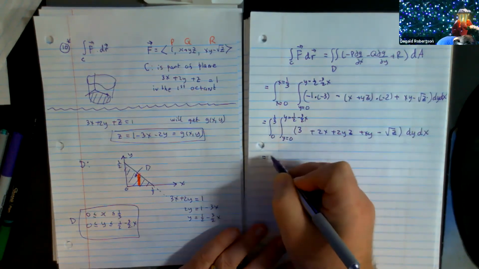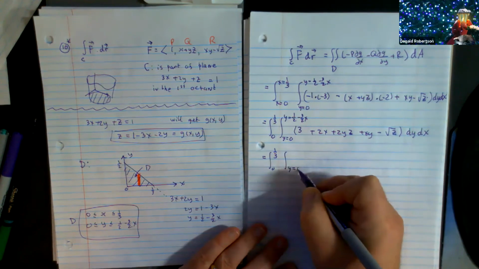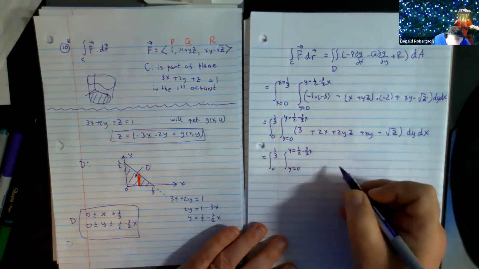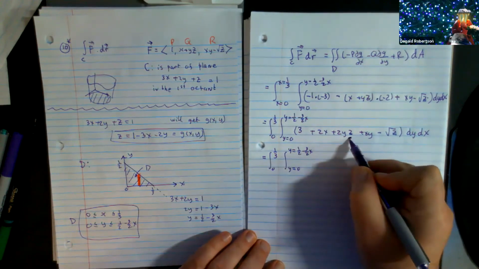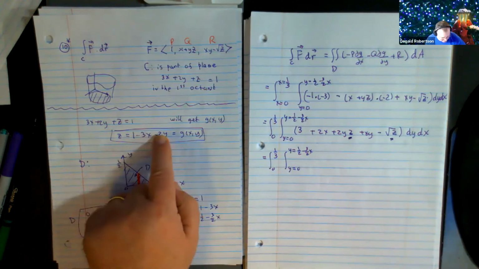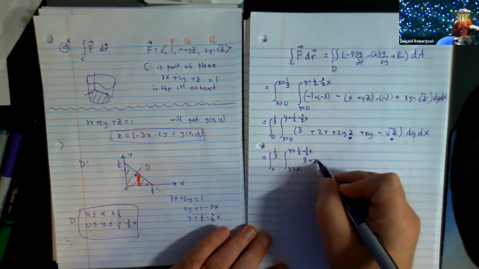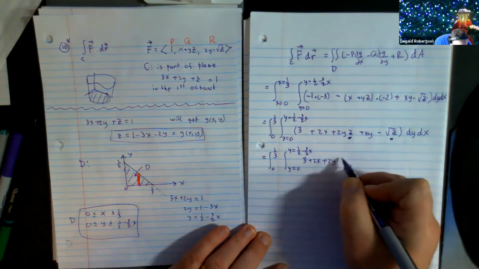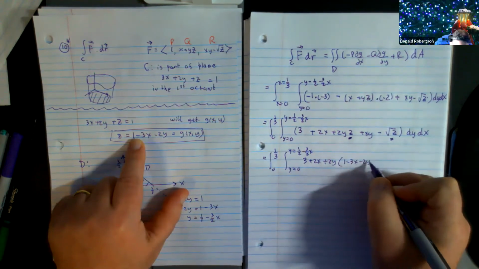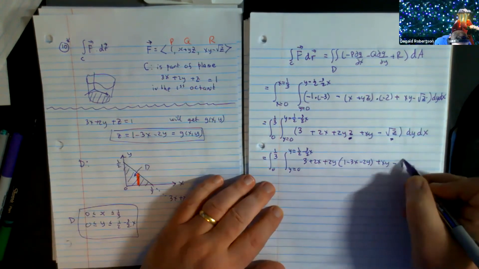And if you're better than I am, you would probably do these 2 lines in one go. But essentially, won't I replace that z and that z by this? So I now have 3 plus 2x plus 2y times all of this, plus an xy, take away the square root of all of this.